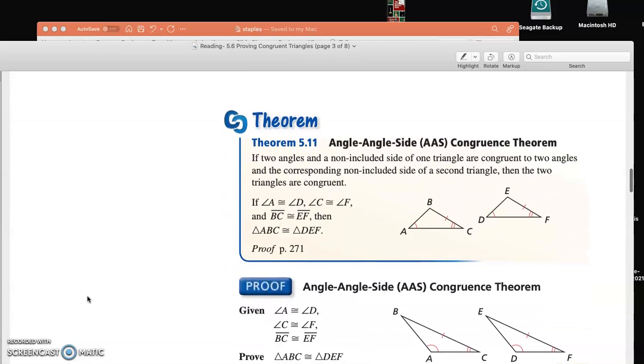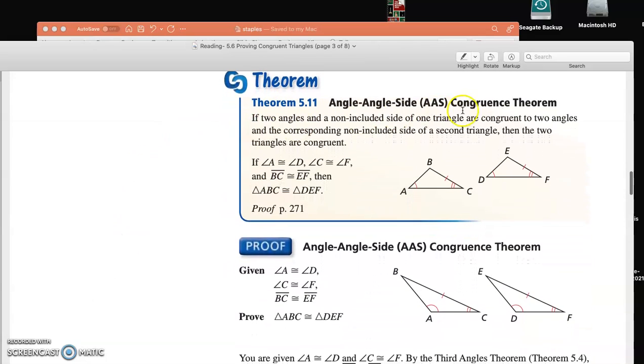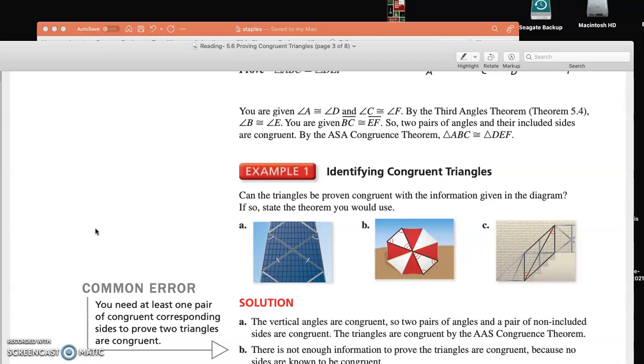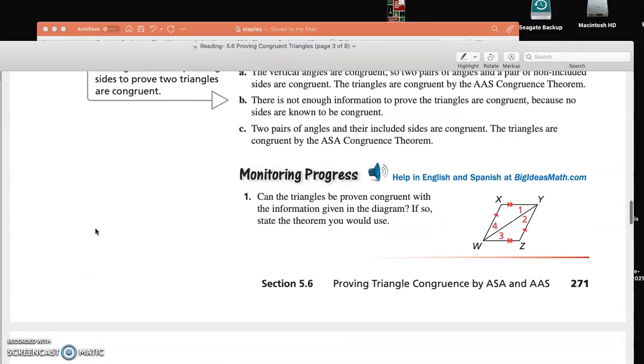Now here's this other theorem, angle, angle, side. Please keep in mind, this is really angle, side, angle, because if two angles of one triangle are congruent to two angles of another triangle, then the third angles are congruent. That's how that works. Here's an example. Can you see if the triangles are congruent?